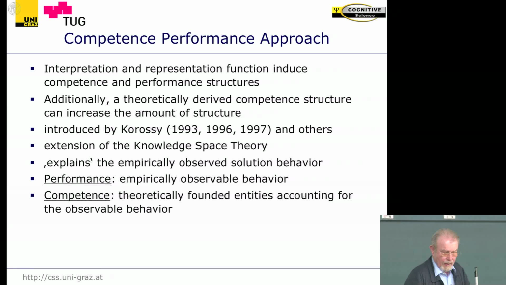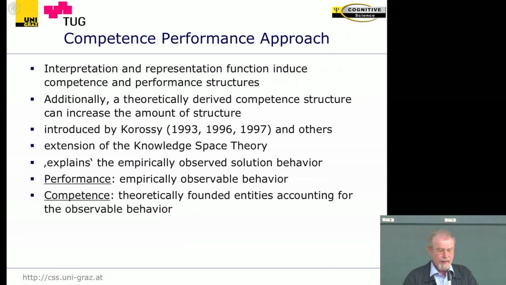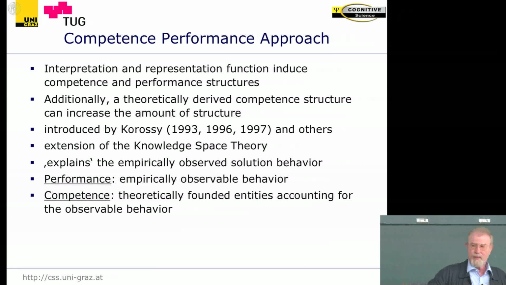So the competence performance approach has some nice consequences. The interpretation and representation function induce the competence structure and the performance structure. The performance structure is, in other words, what we called in the knowledge space approach the knowledge structure.